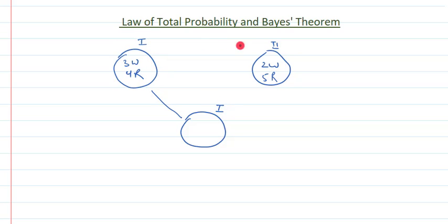So this is the whole sample space containing the two bags, and out of these two bags let us select bag 1, which contains 3 white and 4 red balls.